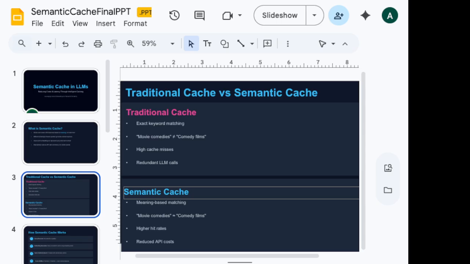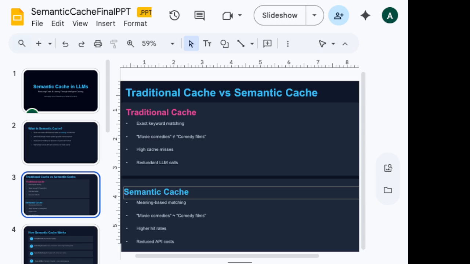So if we use traditional cache, we might not get a hit, because, as in the example we have taken, the same question can be rephrased in different ways, and when it is rephrased, it won't turn out to be the same content, and it will be a miss. So eventually it will end up making a call to the LLM. However, in the case of semantic cache, we are doing meaning-based matching.